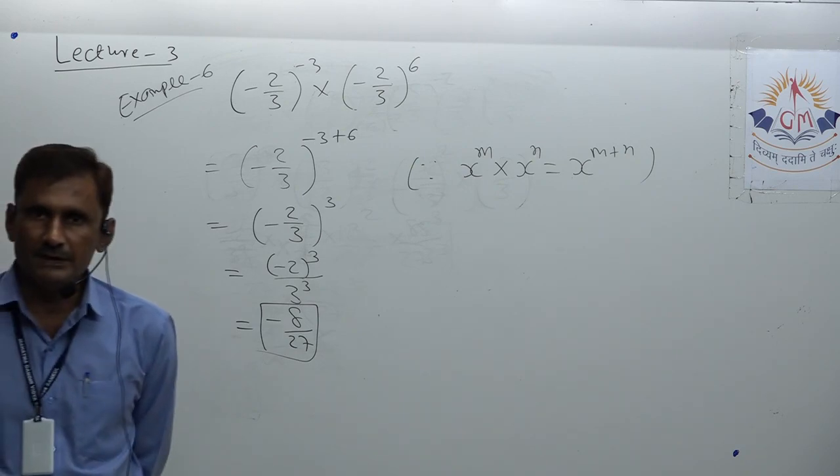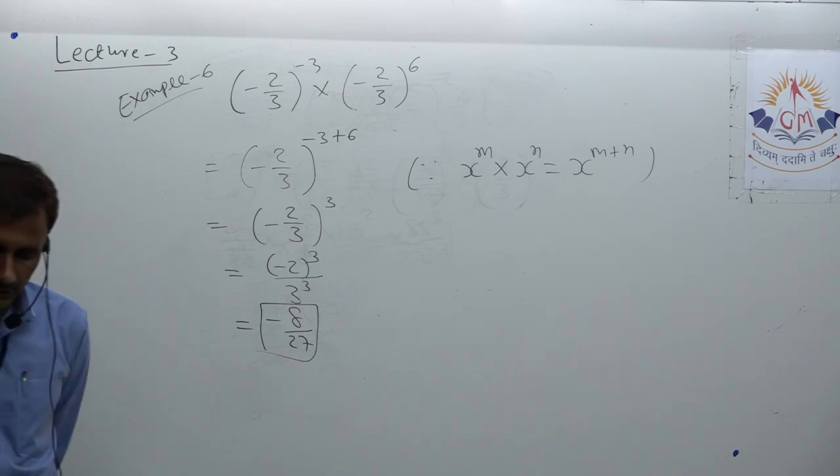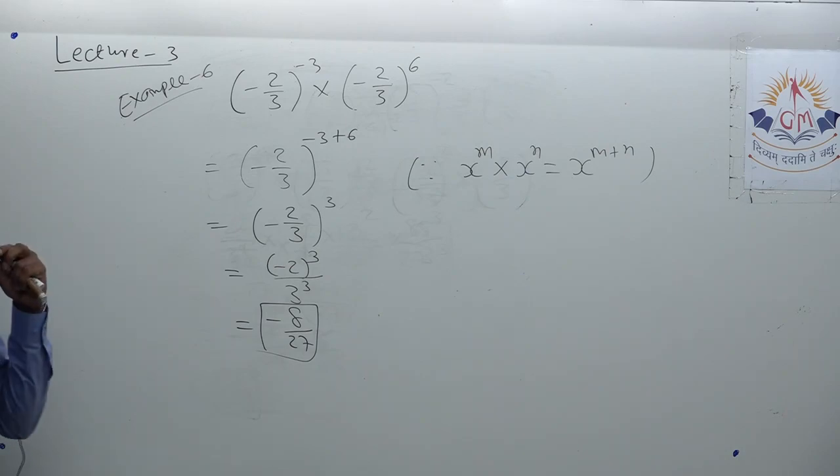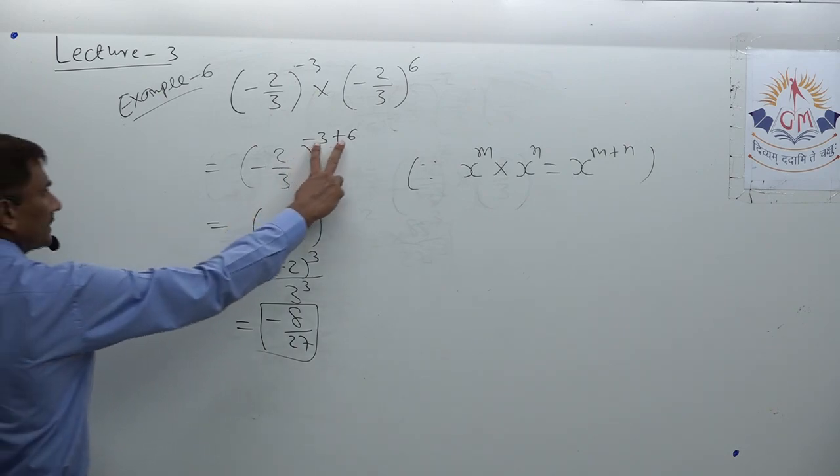Now example 7 is very simple. You can understand 7th first, very simple. Even I am writing here. Okay, so just exponents are added.